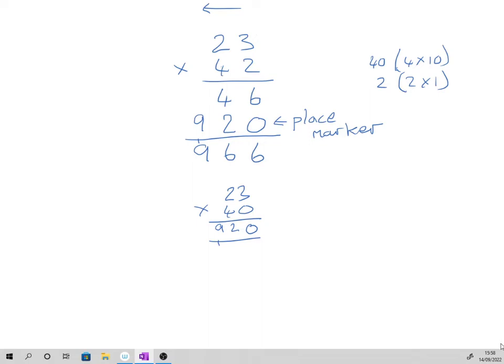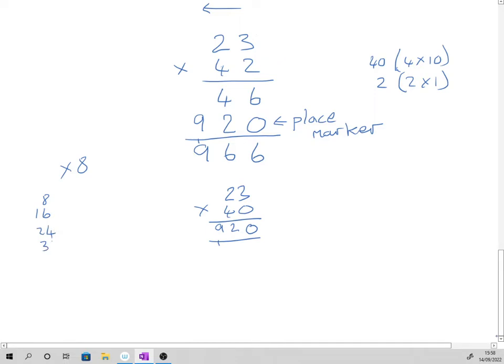If you were multiplying by, say, 8, and you didn't know your 8 times table, just for the moment, write your 8 times table in the margin: 48, 56, 64, and so on and so forth, until you get the right number, and then you can multiply easily.